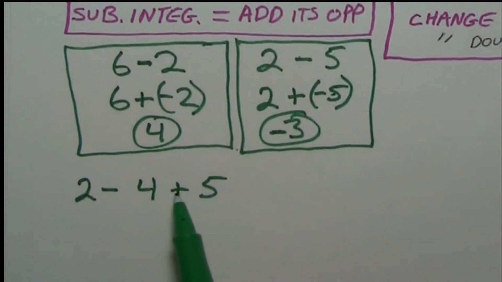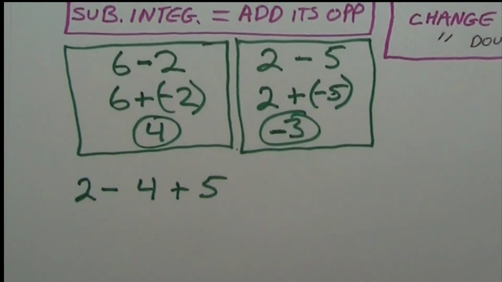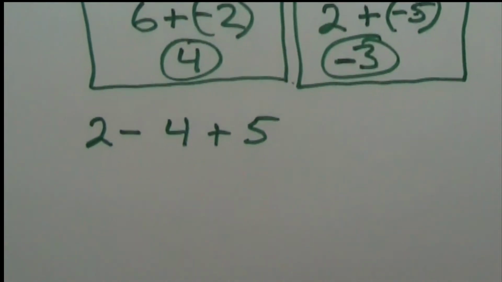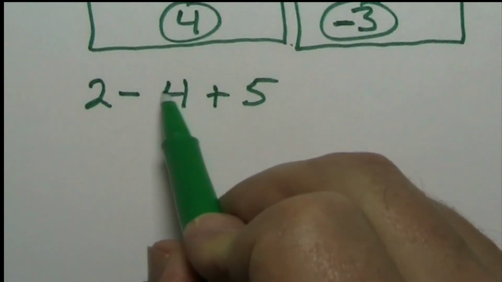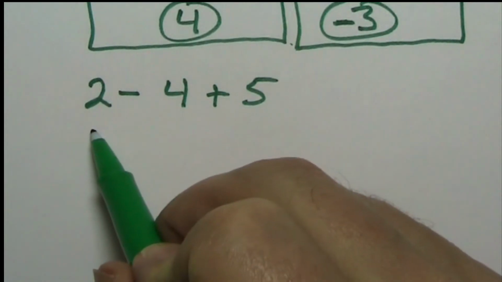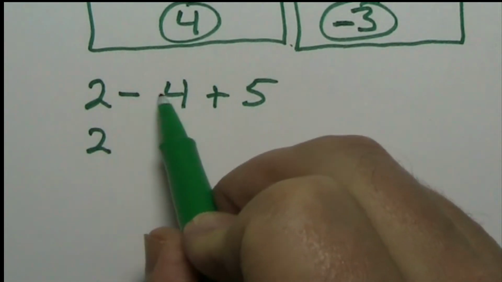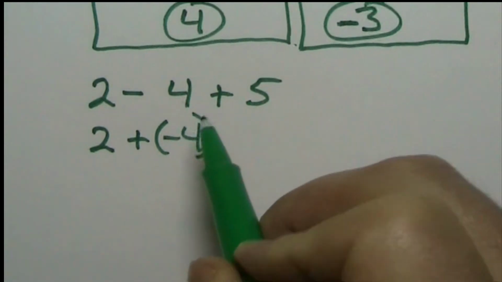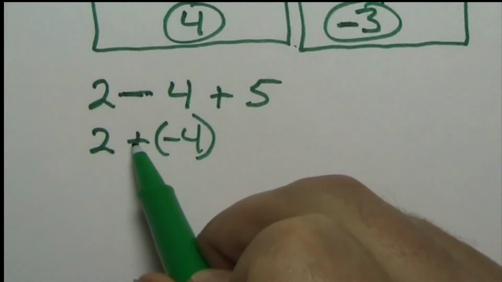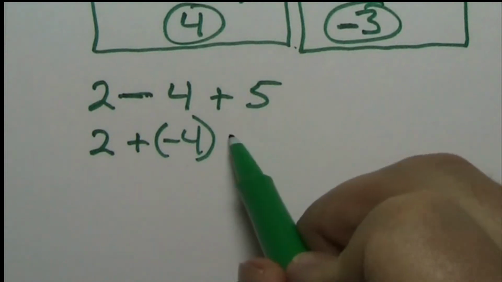Next one, 2 minus 4 plus 5. Okay, subtracting is the same thing as adding its opposite. So this is the same thing as saying 2 plus negative 4, and this is plus 5.